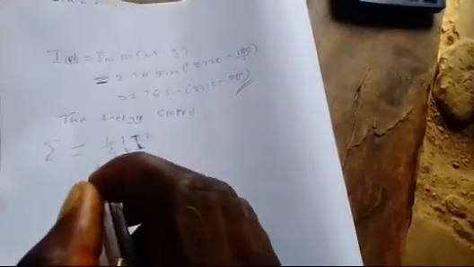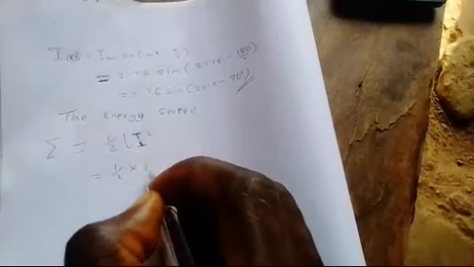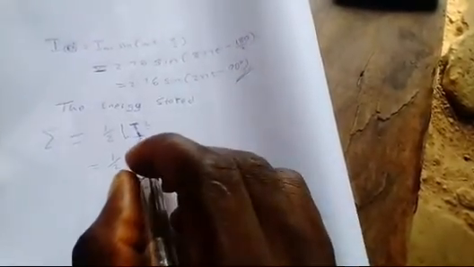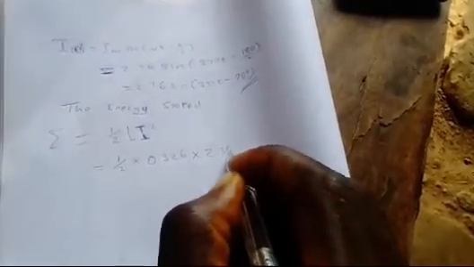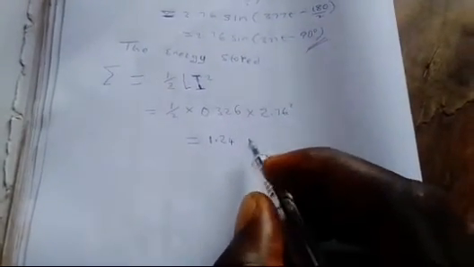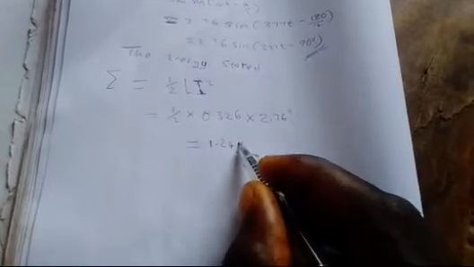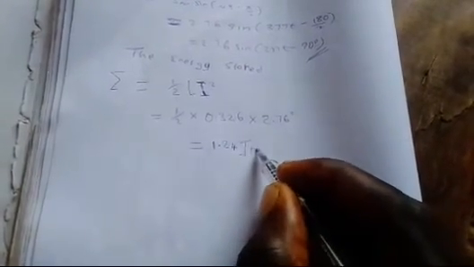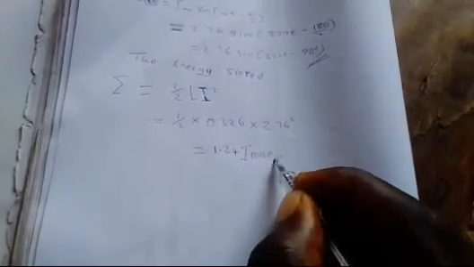So we have half times our inductance, 0.326, times our current, 2.76 squared. So this is going to be equal to 1.24 joules. Final answer.